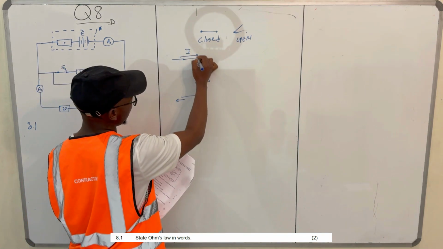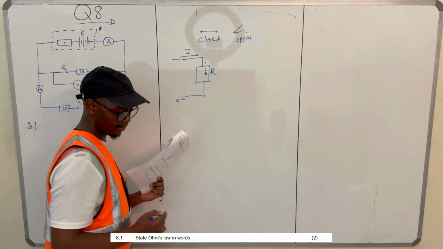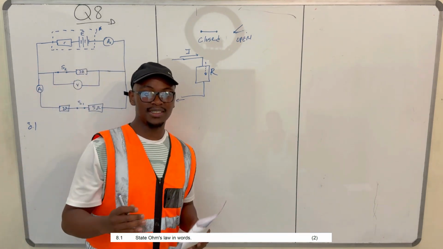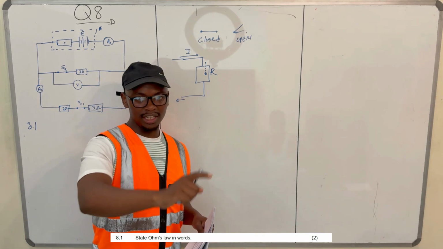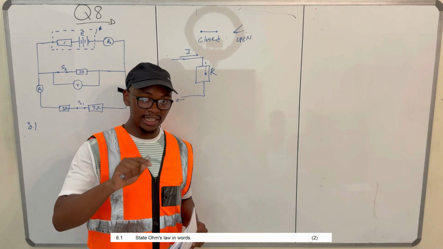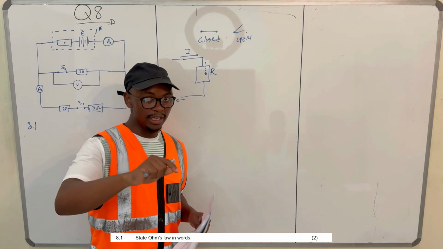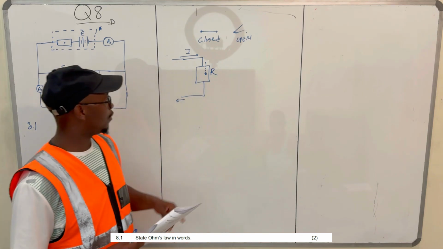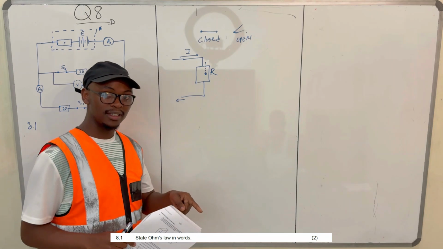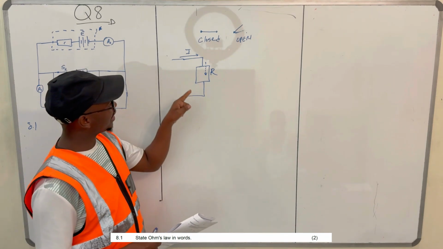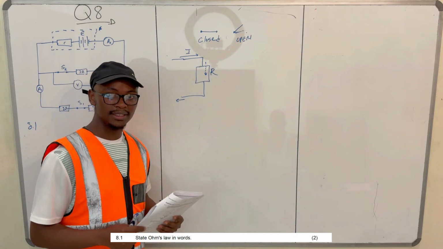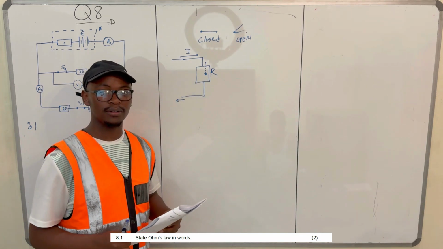Let's indicate it as I, and then let's indicate this as R. When we talk of resistance, and this is purely for English, if we say that this person is resisting the law, it means that that person is making it hard for the law to be applied onto them. If we say a resistor is resisting, in the case of Ohm's law, in circuit theory, we're saying it is resisting the flow of current. It means that it doesn't want the current to flow.